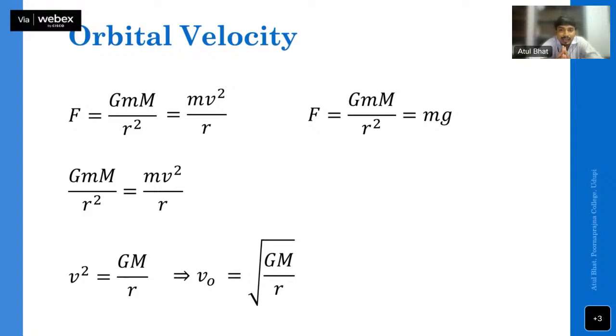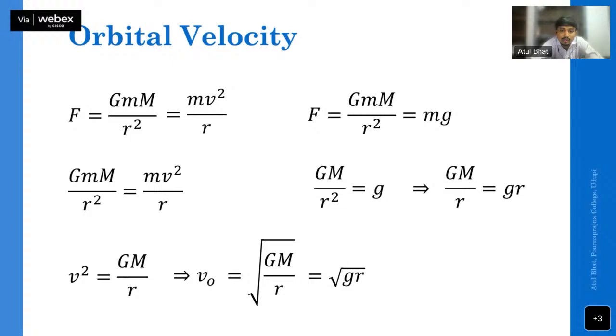Simplify again. There is m in the numerator, so I get small g is equal to GM/r², or I can write GM/r is equal to gr. I'm just doing it for simplification purposes, because when I talk about orbital velocity, I have GM/r. So GM/r is equal to gr, which means orbital velocity is equal to the root of gr.